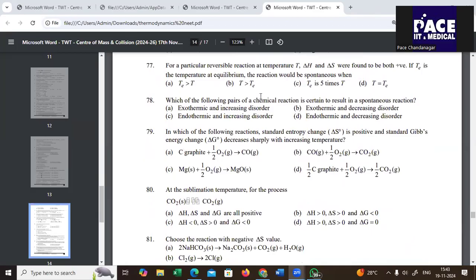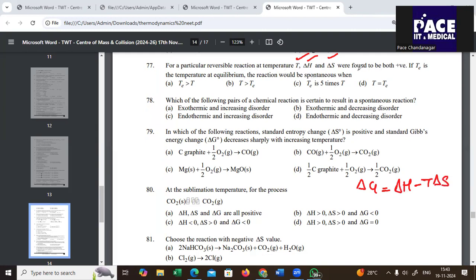Question number 77 now. For a particular reversible reaction at temperature T, delta H and delta S were found to be both positive. Then I just blindly write down delta G is equal to delta H minus T delta S. So this is what you will write first.